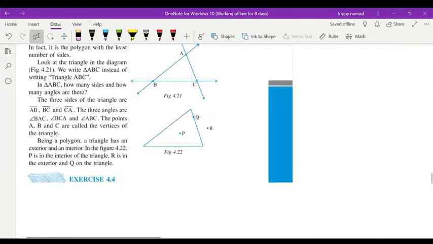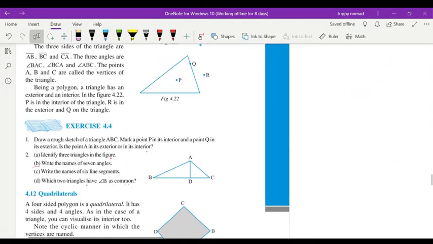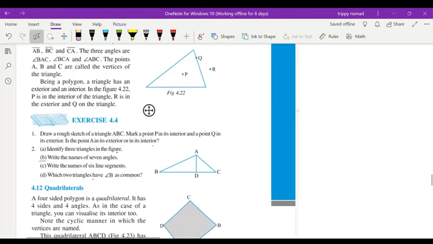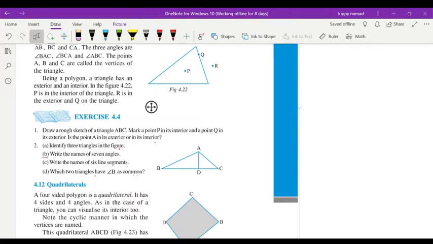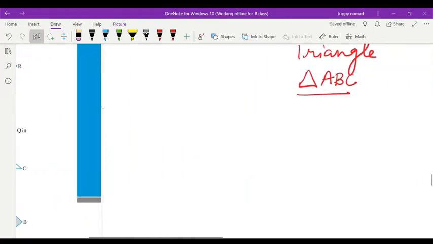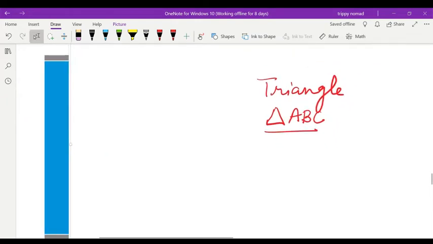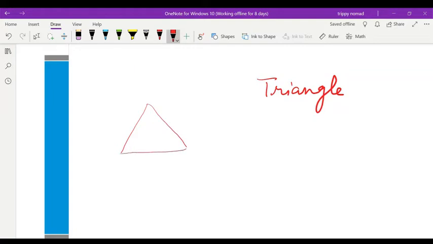Before starting the next exercise, let us discuss some important points regarding triangle. So what is a triangle? Here I have written, suppose children, if you have to draw a triangle, you will draw like that. A triangle is a three-sided closed figure.